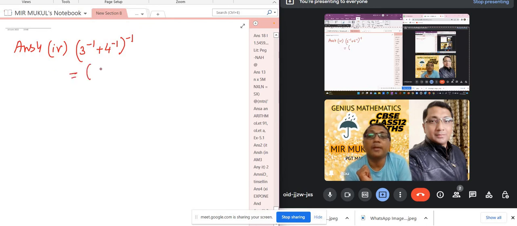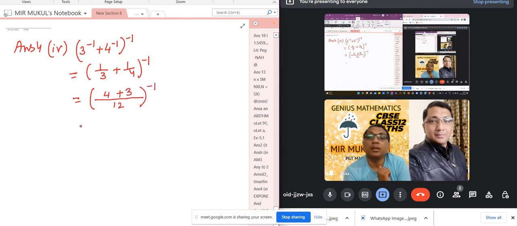So here we can write 1 by 3, here 1 by 4, and this minus sign keep as it is. Later we'll do it. Add these two. Multiply the denominators, so 12. Cross multiply, then 4 plus 3. This is the easiest way to add or subtract fractional numbers, and you will not make mistakes also.